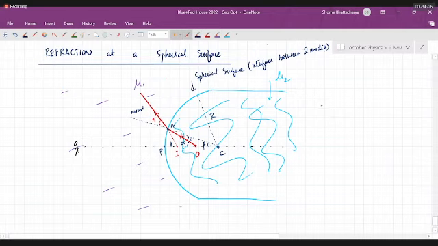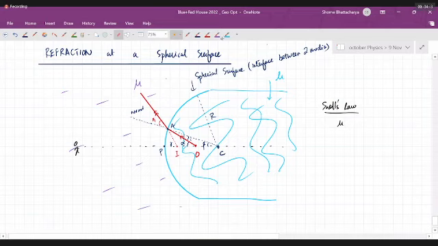So first of all, Snell's law tells us that mu1 sine I, oh sorry, actually I'll tell you for a particular reason, we will take this as mu1 and this as mu2.